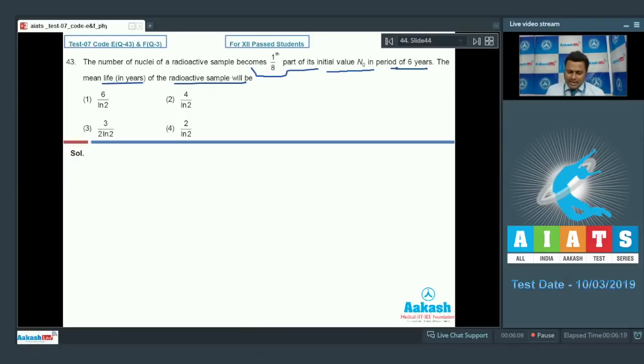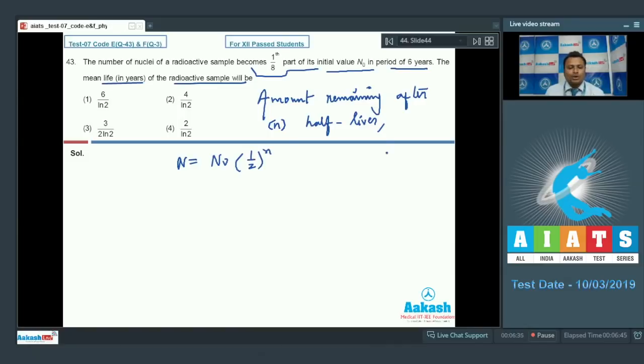Now we know very well, amount remaining after n half-lives will be given as N equals N0 (1/2)^n, where small n is number of half-lives.